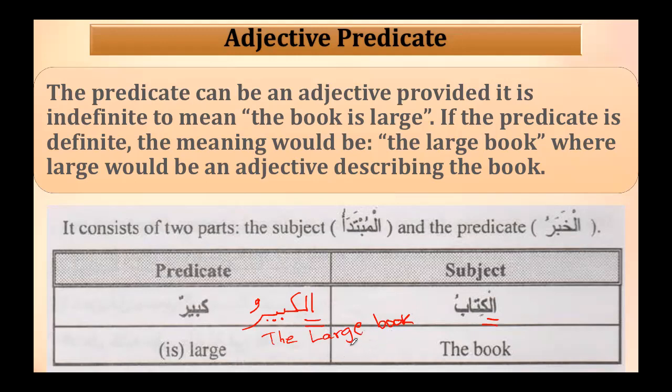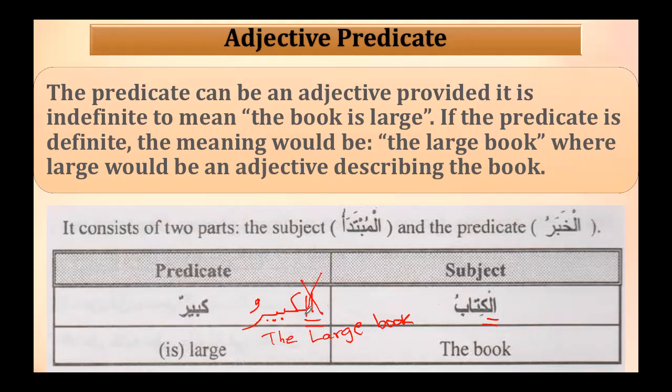In English, the adjective comes before, but in Arabic, the adjective comes after. Now, we have not studied adjectives. It's a future lesson. But right now, the purpose of this discussion is to point out that you cannot make the predicate match indefiniteness with the subject. Because if you put this al here, it would match the subject, and then it would become an adjective. So if you want the meaning to be the book is large, you cannot have this al in front of it.